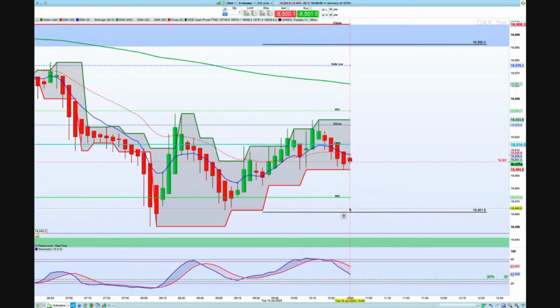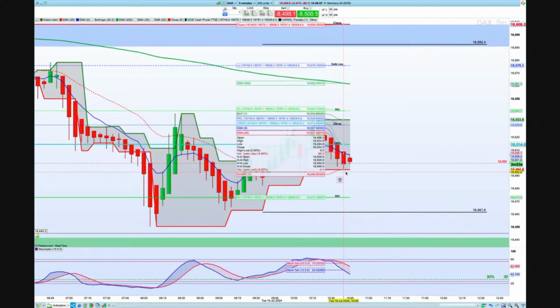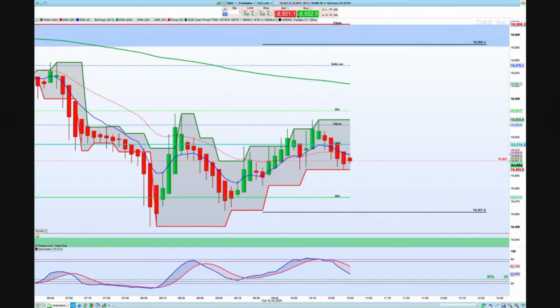Having the spread plus 1 under the bottom of the fractal will allow for a double tap on the bottom of the fractal, and you still don't get taken out.